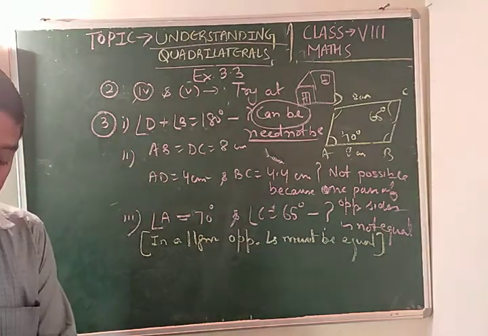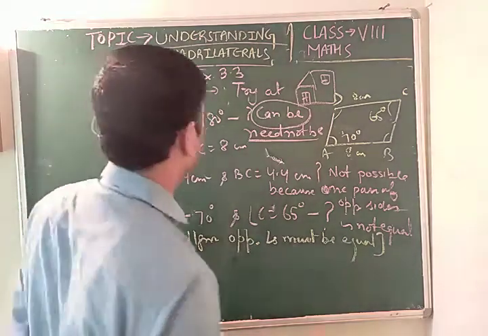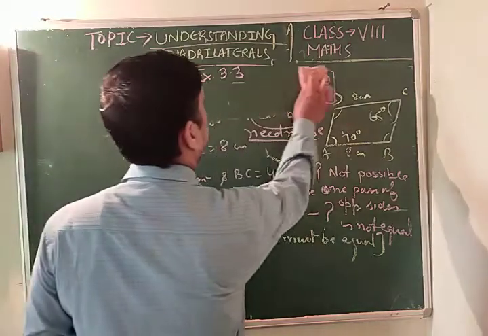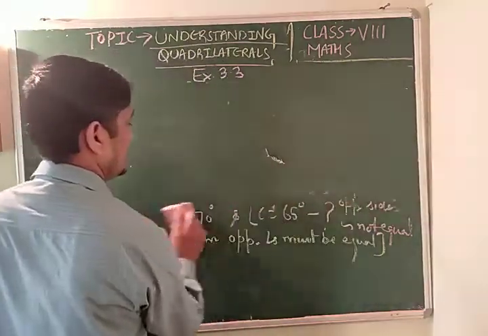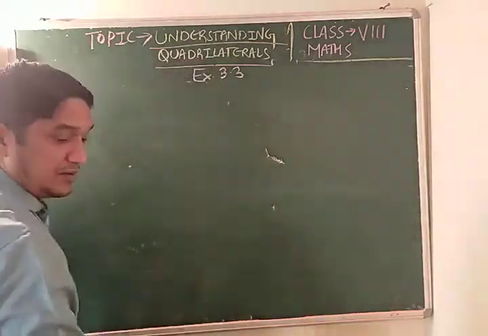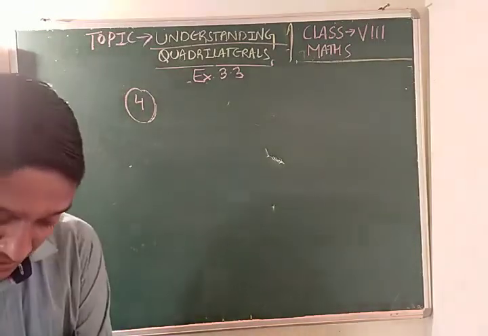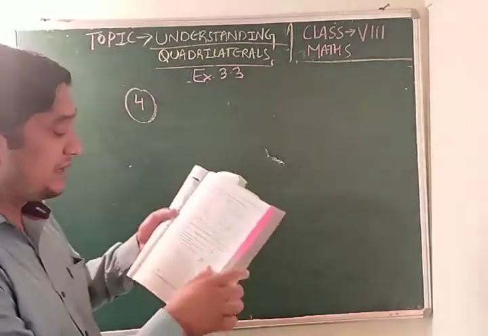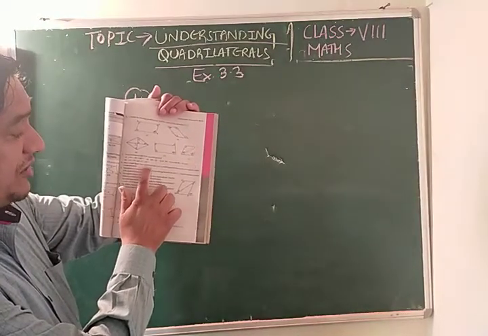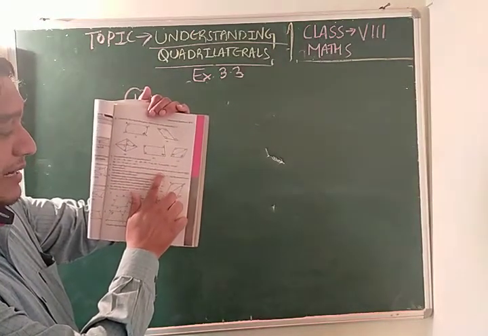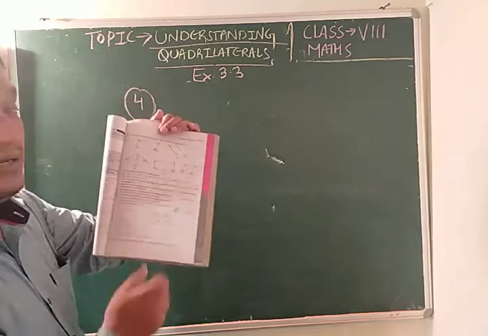Now children, next question number 4. Now in question number 4 he says, draw a rough figure of a quadrilateral that is not a parallelogram but has exactly two opposite angles of equal measures.